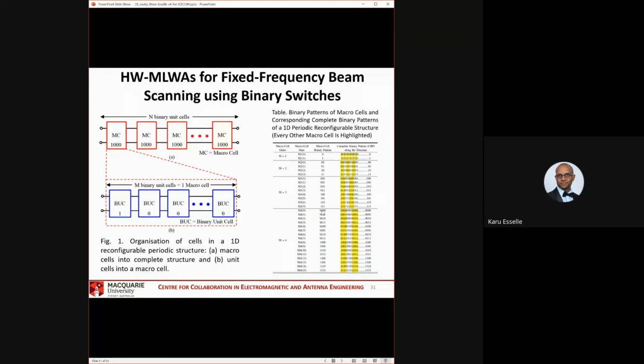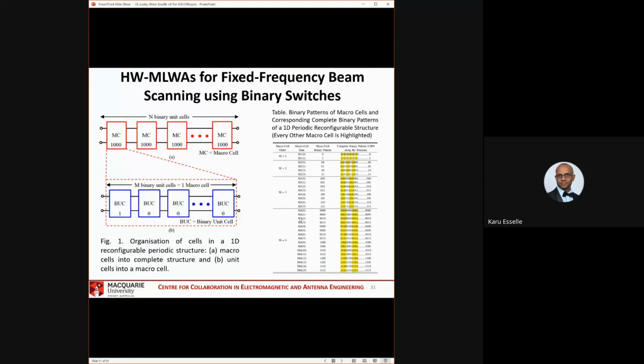Those are the 16 possible macro cell states, from all zeros to all ones. So we call this a complete binary pattern. The complete binary pattern starts from all zeros to all ones, and all the combinations in between.